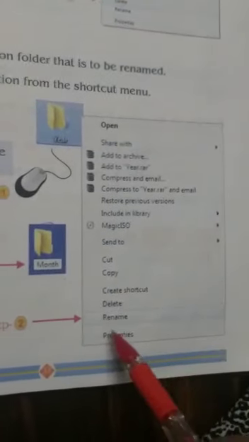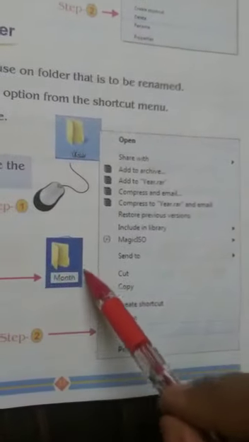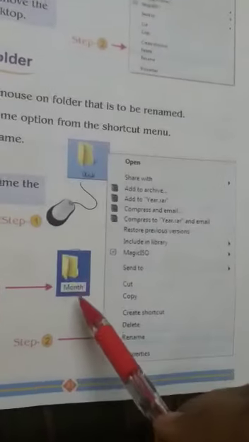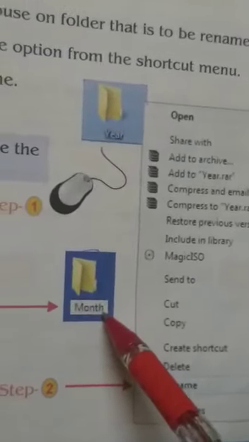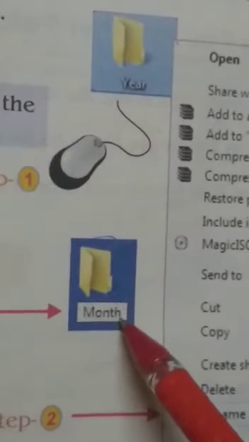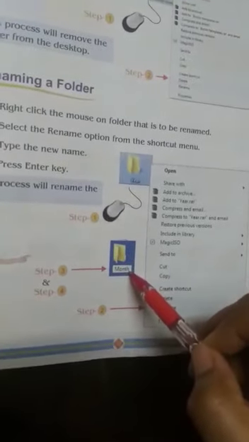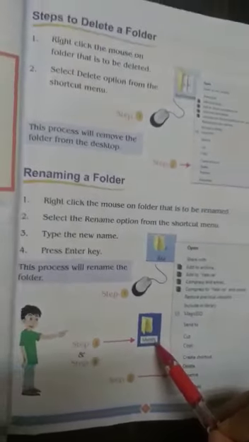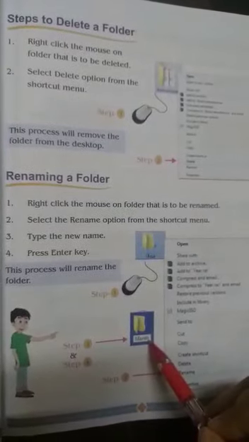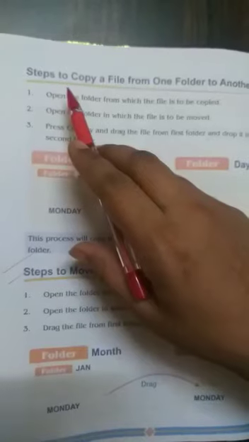After clicking on rename, where you see a blinking cursor, there you can enter the new name, and once you enter the new name, you have to press the enter button. As soon as you press the enter button, the folder will be renamed.